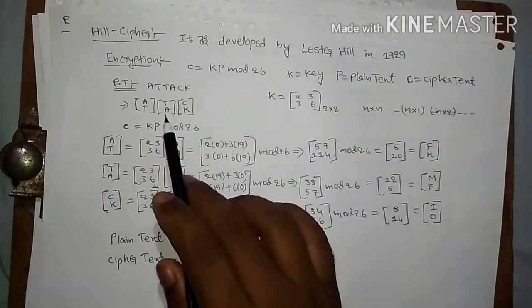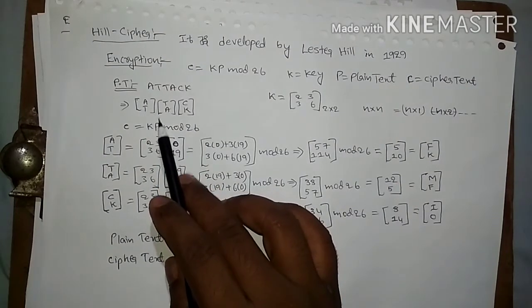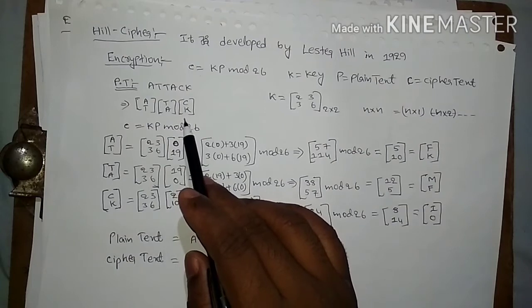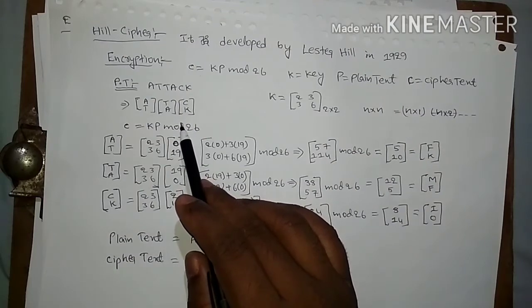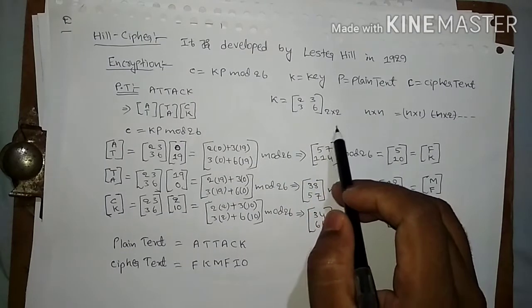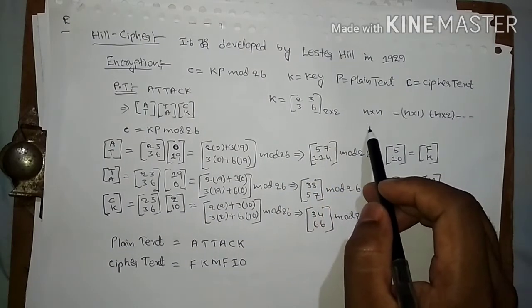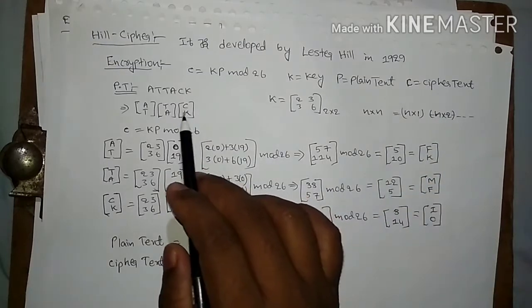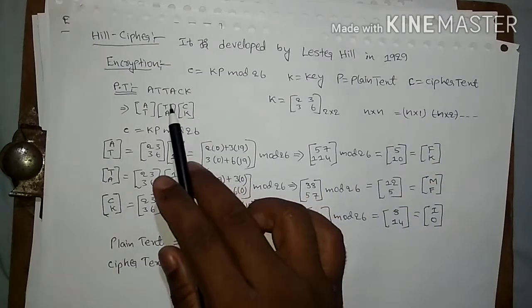We have to divide the given plain text into vectors of size n by 1. Because this is a 2 by 2 matrix, we divide it into two letters at a time. For an n by n matrix, you divide the plain text into groups of n until the plain text is complete.